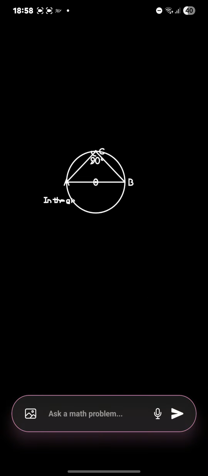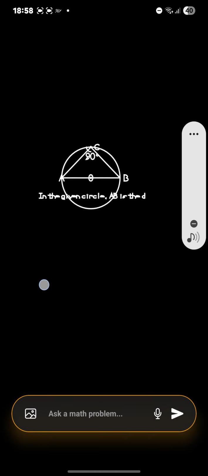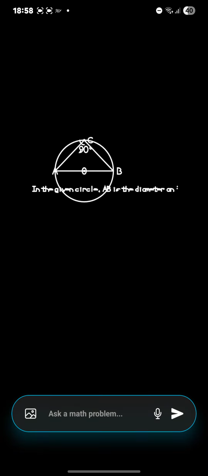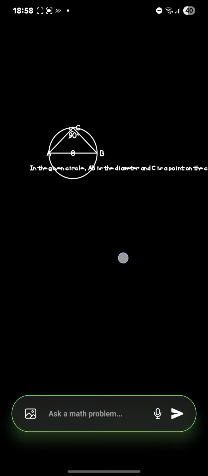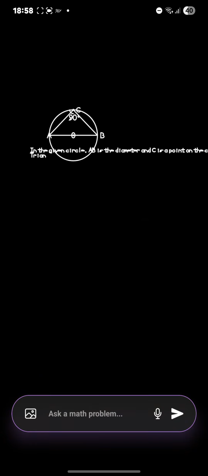That's a problem. In the given circle, AB is the diameter and C is a point on the circle. Triangle ABC is formed. OA equals OB equals OC equals radius R. Consider triangle OAC. OA equals OC, radii, thus triangle OAC is an isosceles triangle.